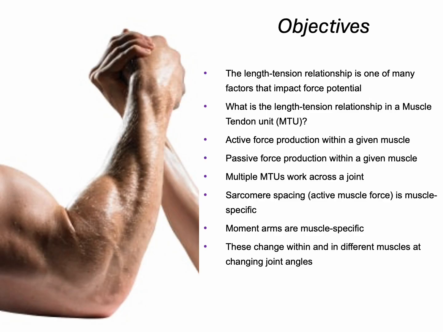I want you to understand, in very simple terms, the effects of a moment arm on force production or torque production, and understand that these are also muscle specific, in that both sarcomere spacing and therefore active force production, passive force production, moment arms, all of these things change within a given MTU and across MTUs differently as you change joint angle. So again, this will become more clear as we move through this content.